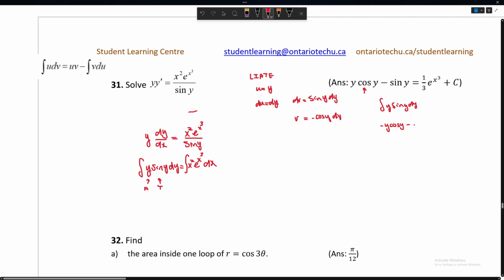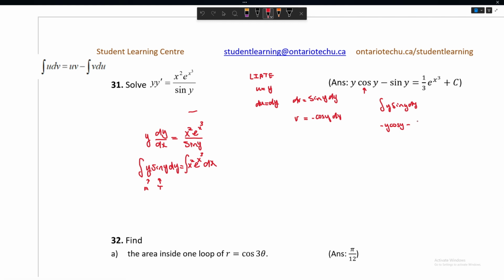Minus my, what do I have here? My v du, which is my v is negative cos, so the integral of negative cos y, right? And that's my v. It's just everything's in red, so it's hard to see. That's my v, and then my du is sine y dy.